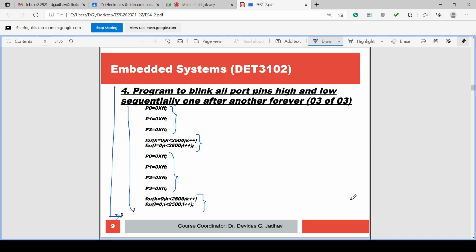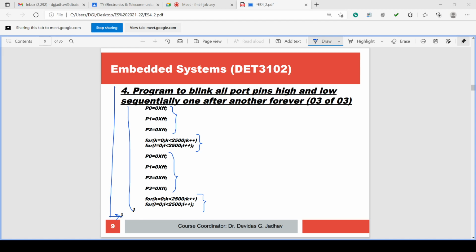The nested for loop is used for delay. The concept of nested for loop is the thing we have newly studied.